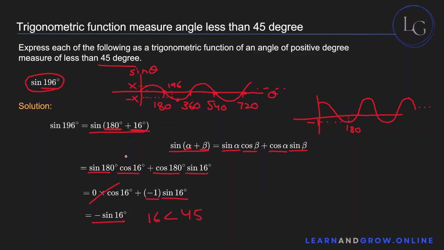And so when you write down negative sine 16 or negative sine x, that gives you the same value as sine 196, right? And that's just a very simple way of verifying this. But again, you don't need to do that. You just need this trigonometric identity, and you can just solve this directly. Okay.